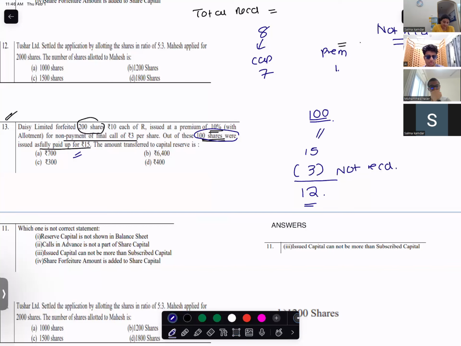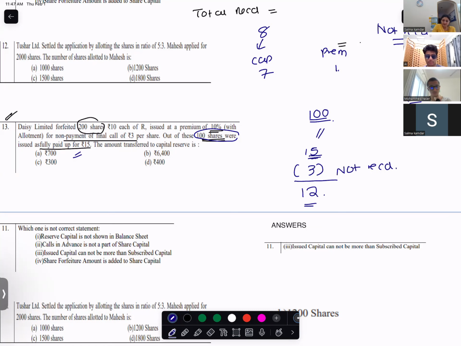Wait, one minute. What is the face value of the share? Face value is 10. Premium is 1.5 if I am talking about this one.